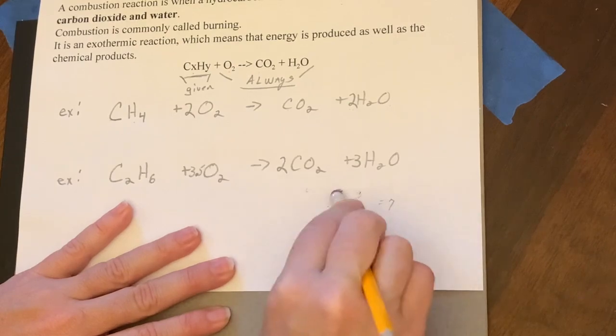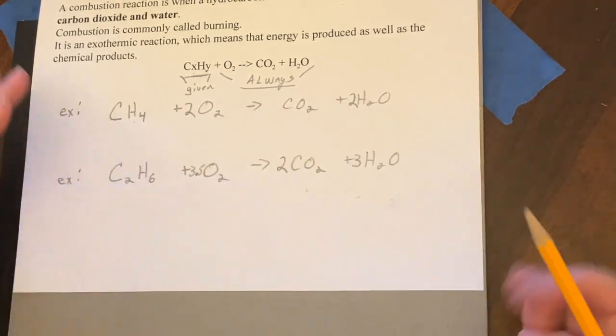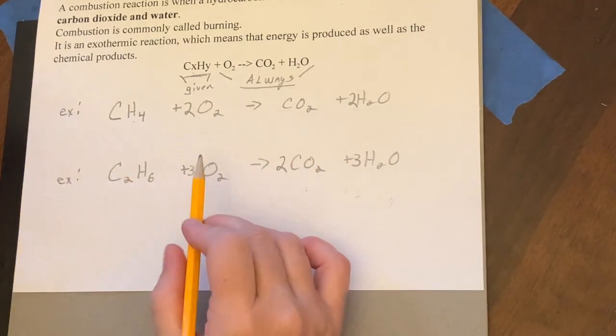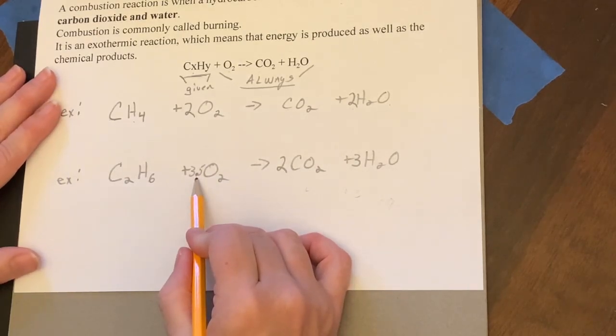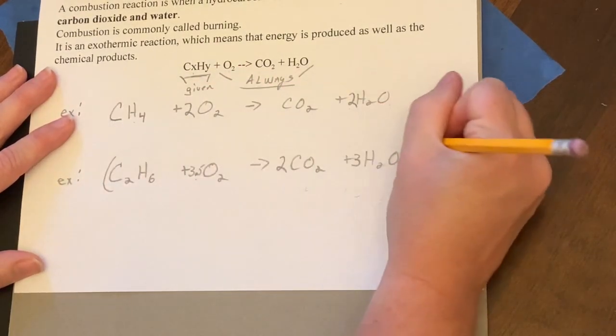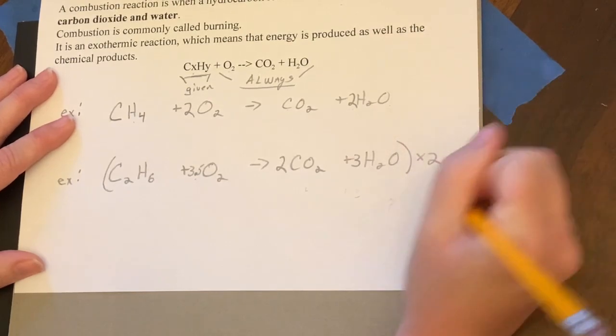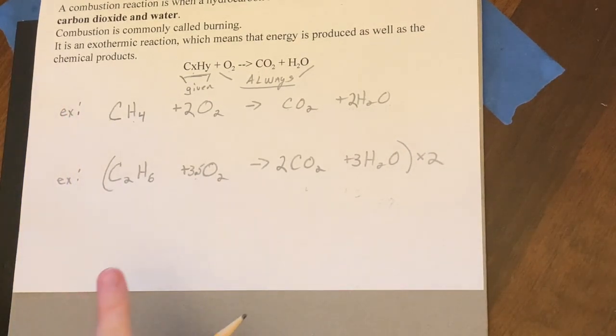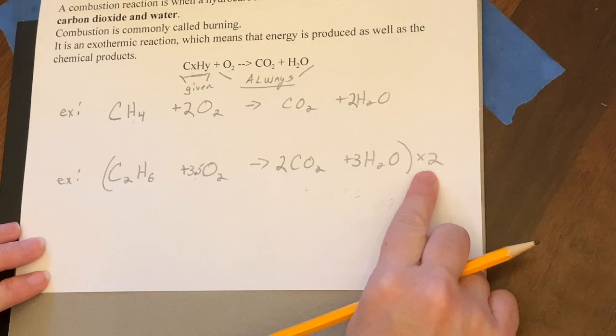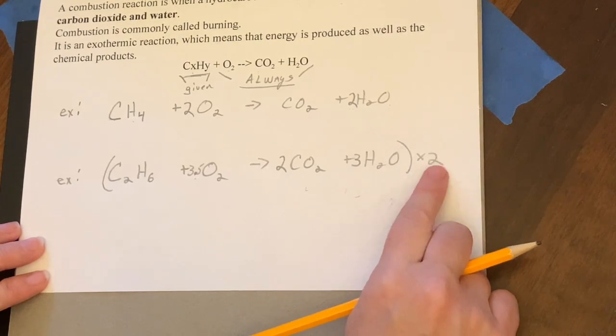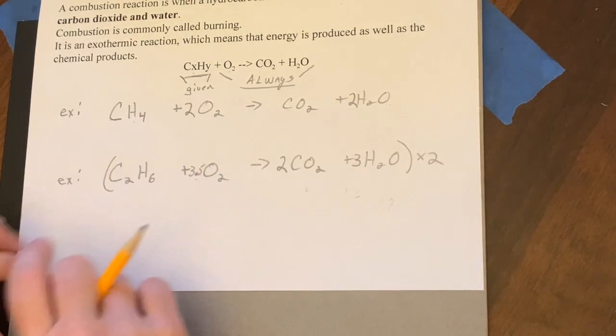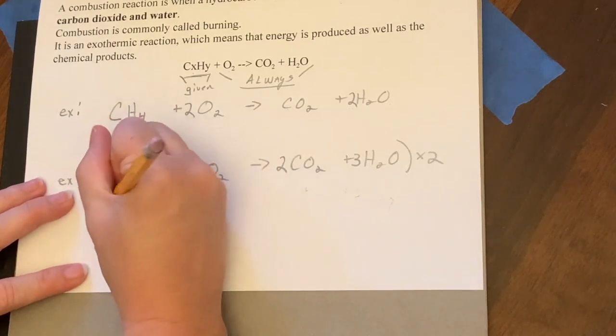Great, so technically, mathematically, this is now balanced, but I can't leave a fraction as a coefficient. So I'm going to multiply this entire thing times 2. When I say that, multiply the entire thing times 2, I mean that you have to multiply all of the coefficients. Never change what the compound is.